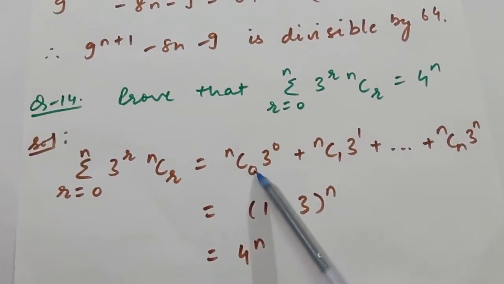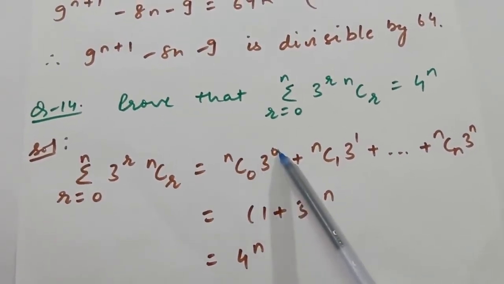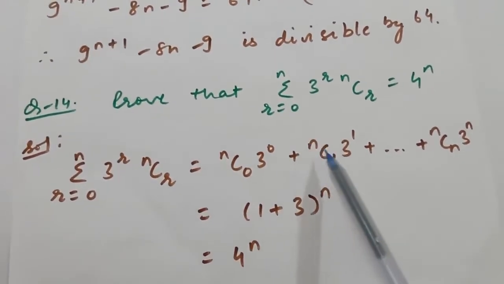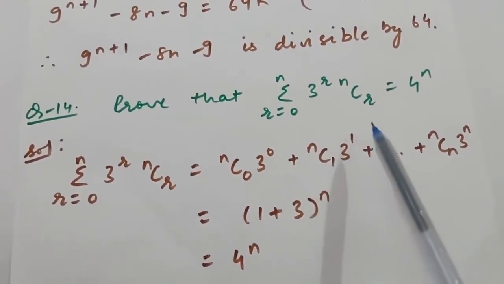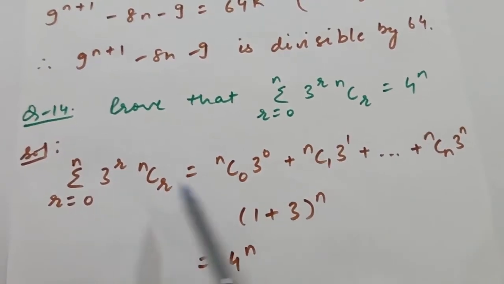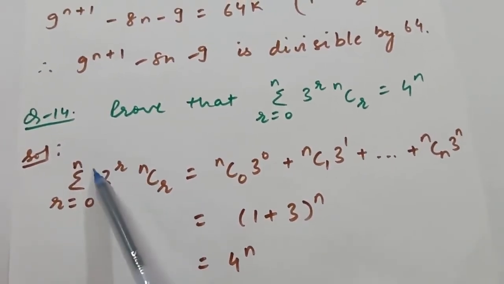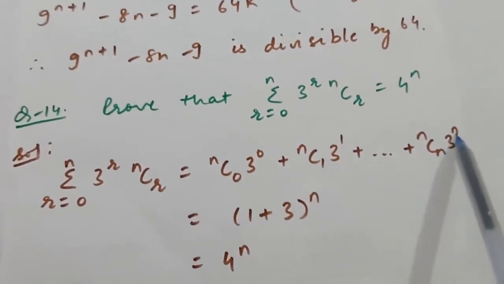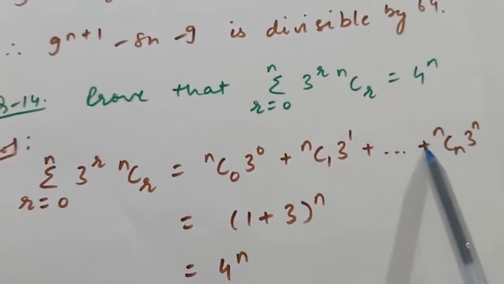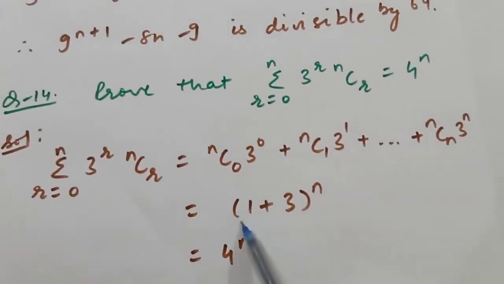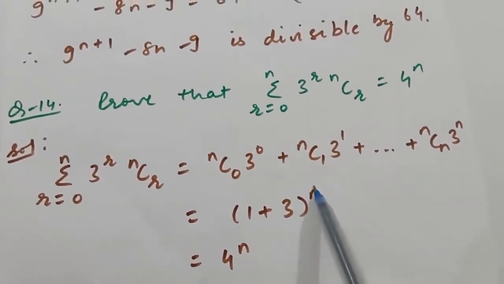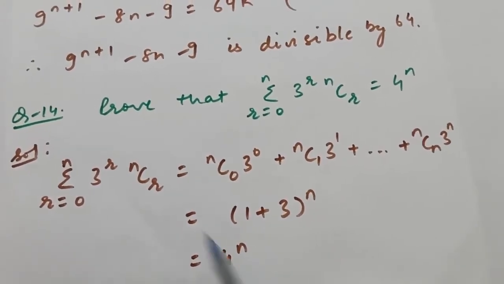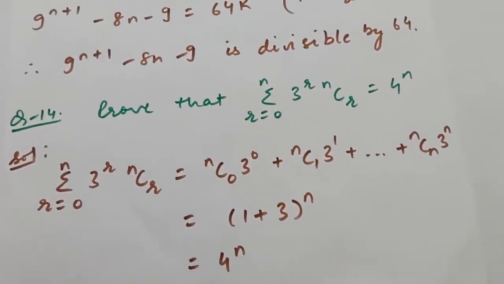So nC0 3 raised to the power 0 plus, then in place of r put 1, nC1 3 raised to the power 1, and so on up to the last term, in place of r put n, so nCn 3 raised to the power n. We know this is the binomial expansion of (1 plus 3) raised to the power n, and 1 plus 3 is 4. So this is equal to 4 raised to the power n.